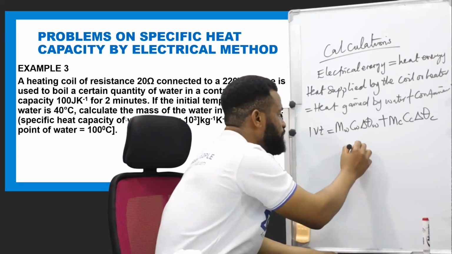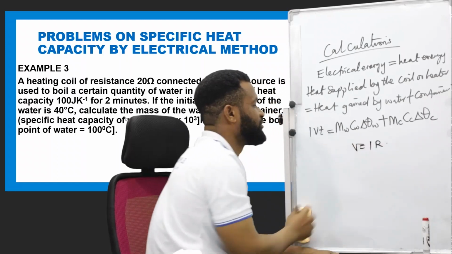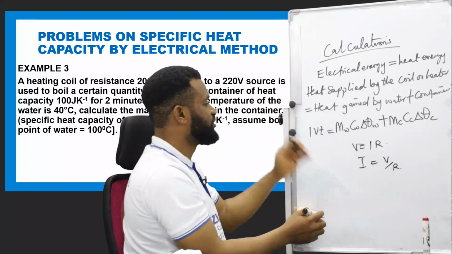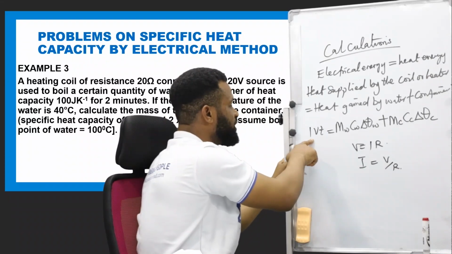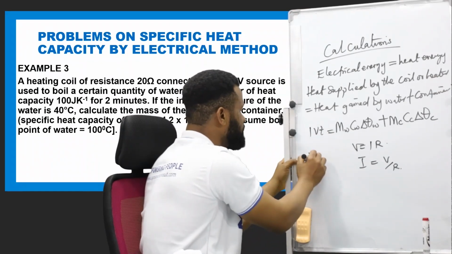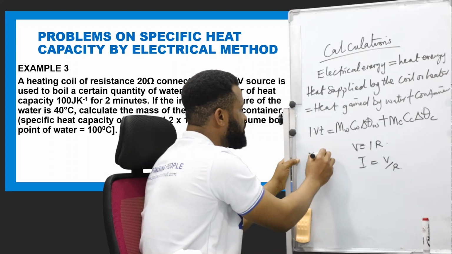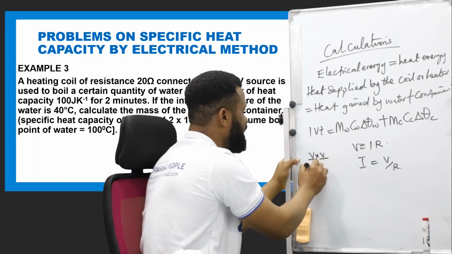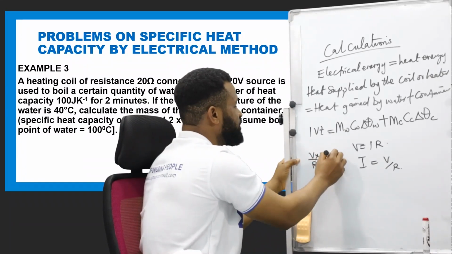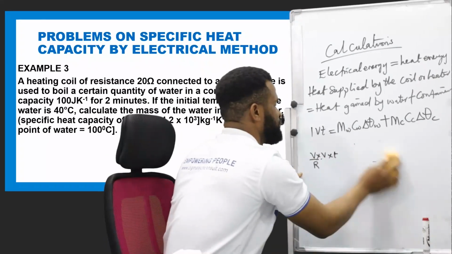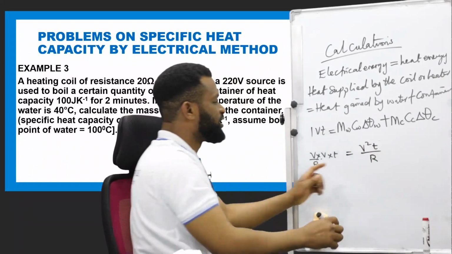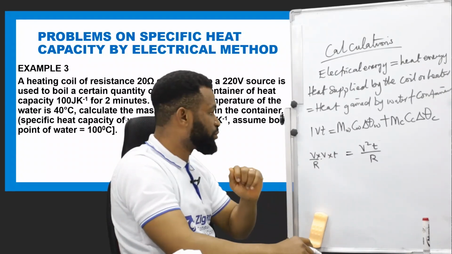Now remember that V is equal to IR. That means that I is equal to V over R. All right? So in this case, I'm going to remove this I. Instead of putting I, I'm going to say V times V over R, which is I, multiplied by this V, then times T. So at the end, I'm going to have V squared T all over R. This is what I'm going to use to solve this problem.